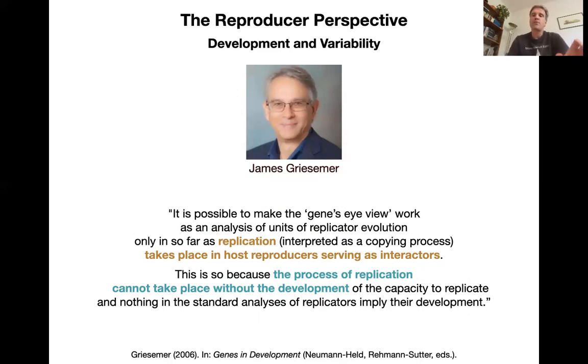Okay, so these perspectives on evolution that ignore development are simply not capable of explaining the emergence of this process of replication. They just take this process of replication, which is very complicated and needs explaining, for granted, which is not okay, because then we don't understand evolution.